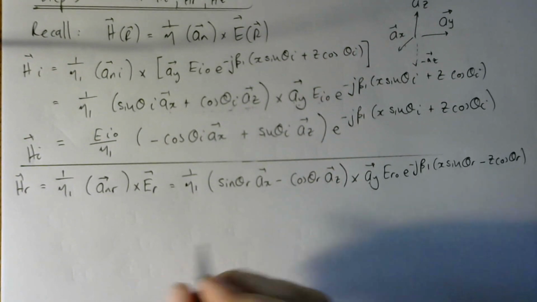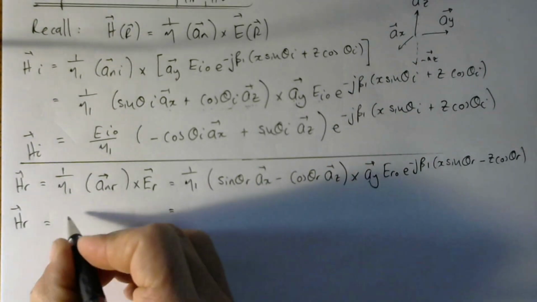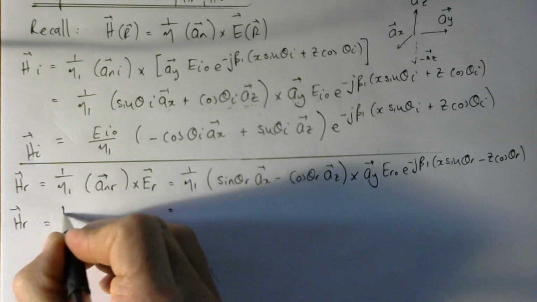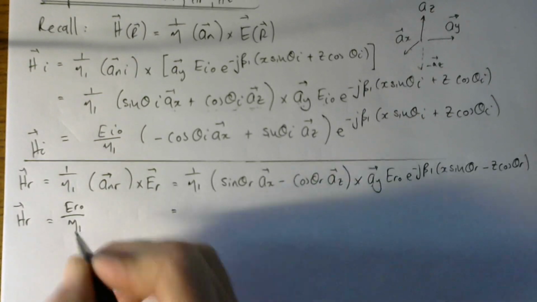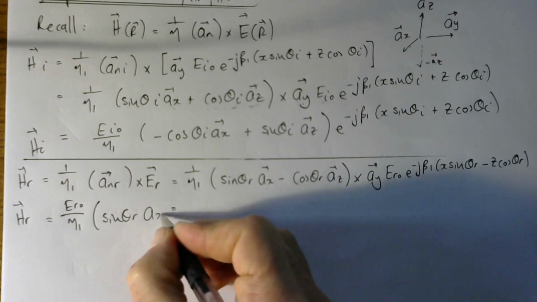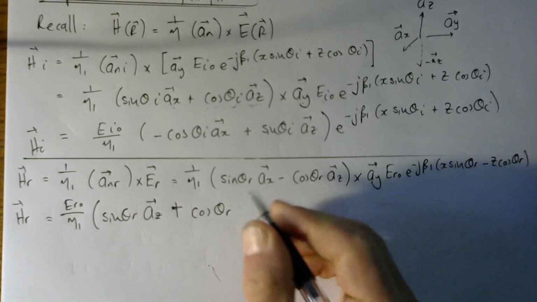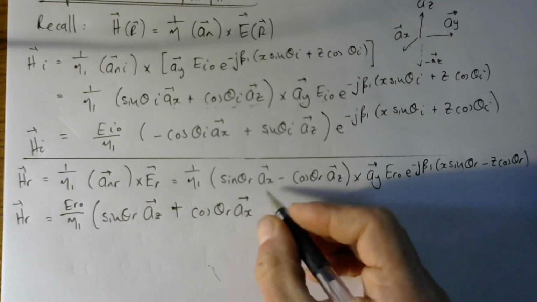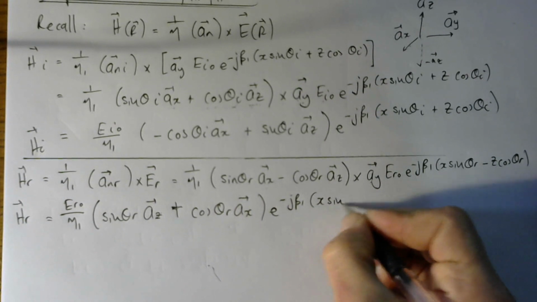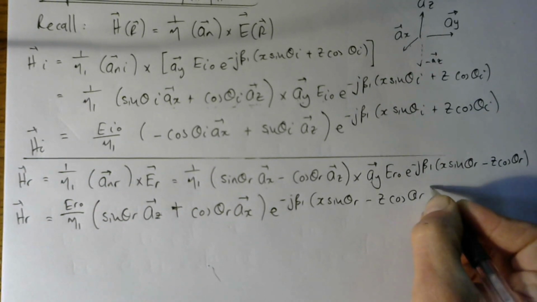So in effect, HR is equal to ER0 over eta 1, sine theta r az plus cos theta r ax, times e to the minus j beta 1 times x sine theta r minus z cos theta r.